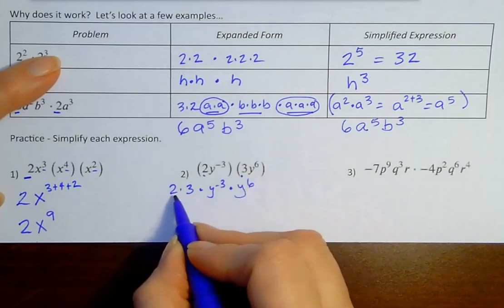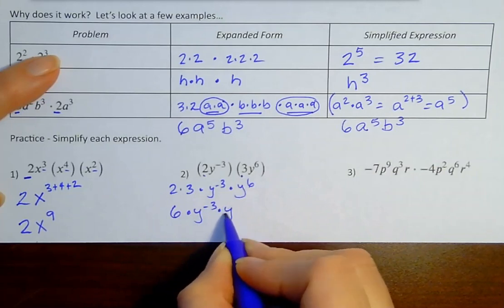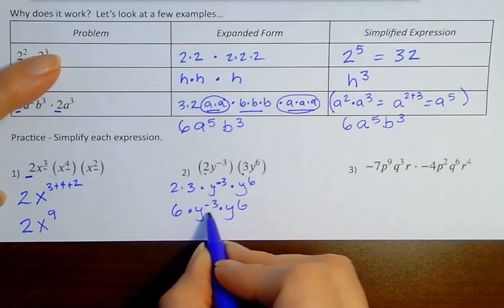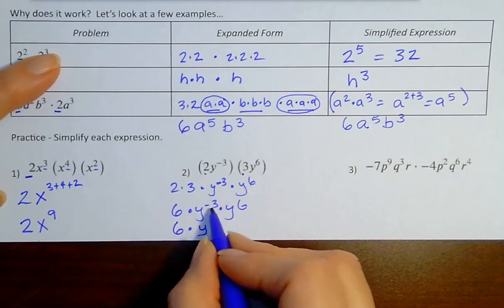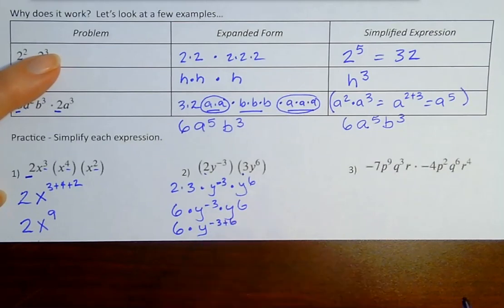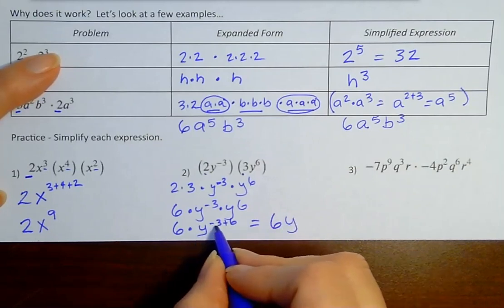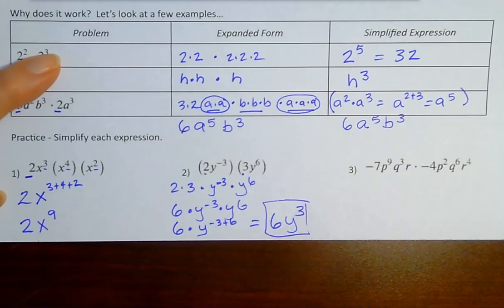Let's do this methodically. 2 times 3 I know is 6 times y to the negative 3 times y to the 6. Well, we've said our rule is that we get to keep the base, so 6 times my base, y, and I'm going to add those exponents, negative 3 plus 6. When I do that, I get 6y, negative 3 plus 6 is 3, right? That is my answer, 6y to the 3rd.